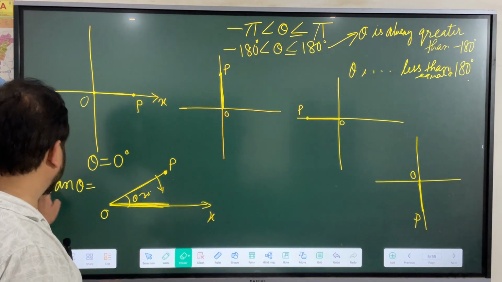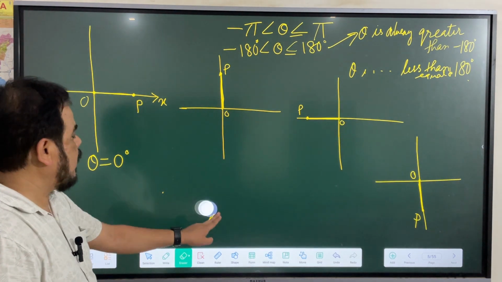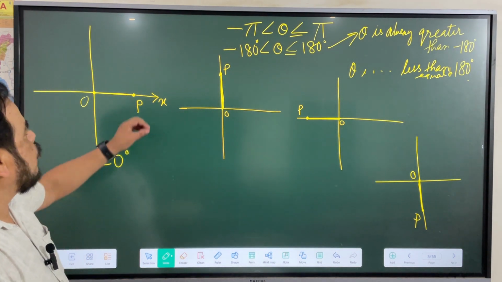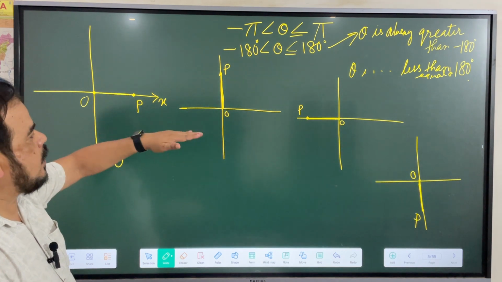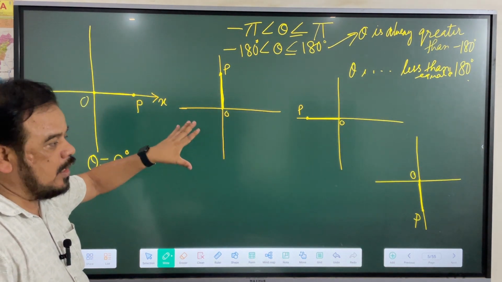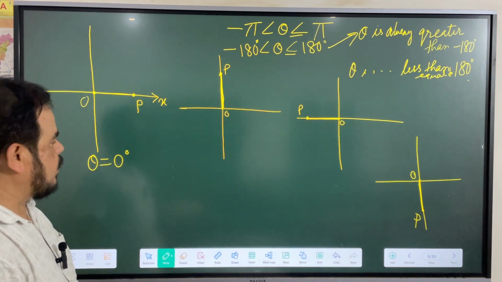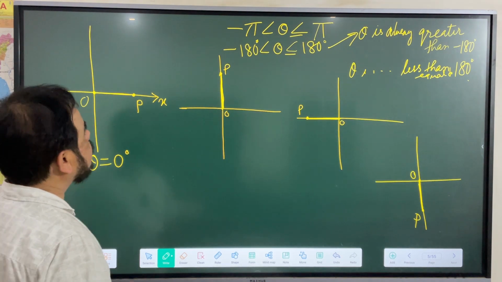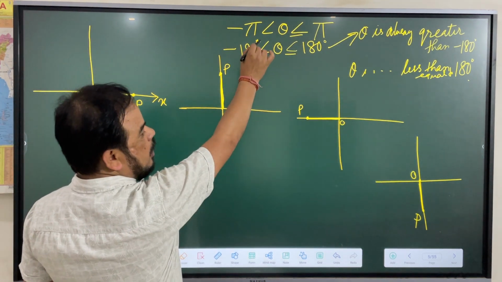I hope you understand. Why are we finding theta? Because theta is related to the polar form of a complex number. When the points are on the x-axis, right side, left side, or when the point P is upward and downward on the y-axis, what will be the value of theta? And at the same time, you have to remember this also.